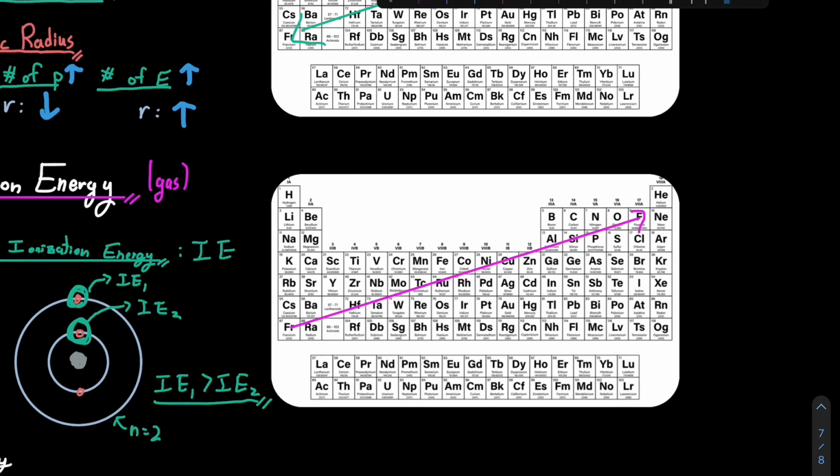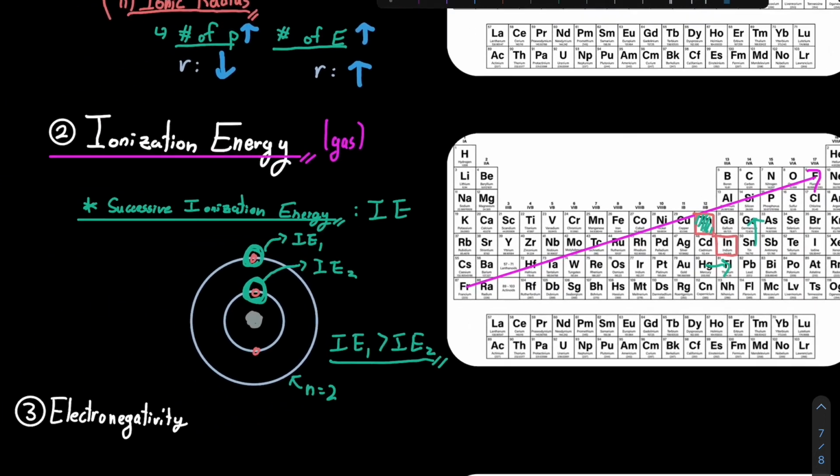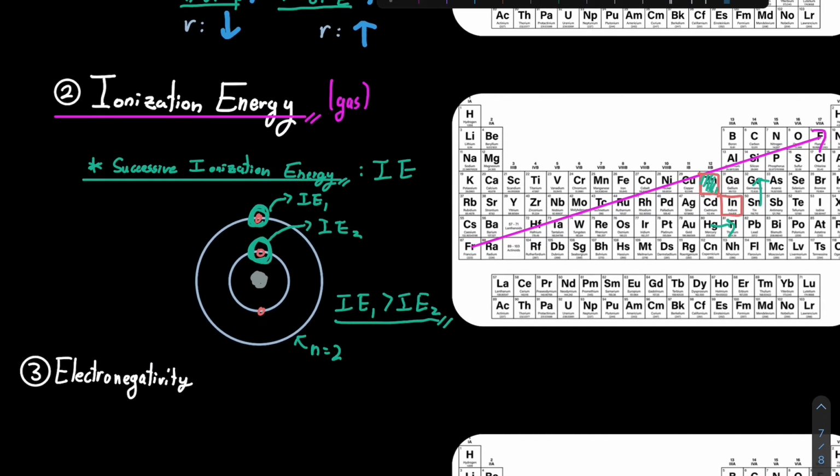Now for this, height is prioritized, so if we were to compare zinc with, let's say, aluminum, zinc would have the bigger ionization energy because it is higher, although indium is more right. Height is prioritized within the periodic table.